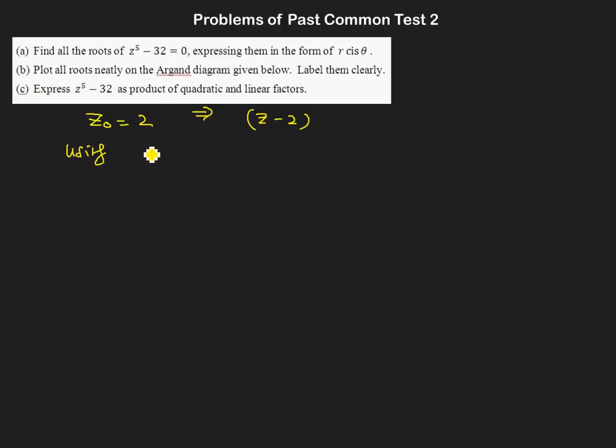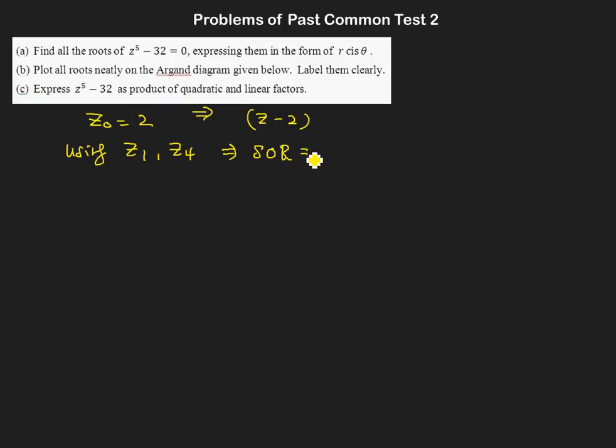Then Z1 and Z4 are conjugates, obviously, as you can see from the diagram, because these two are reflections of each other on the horizontal axis. So what we do is get their sum of roots.